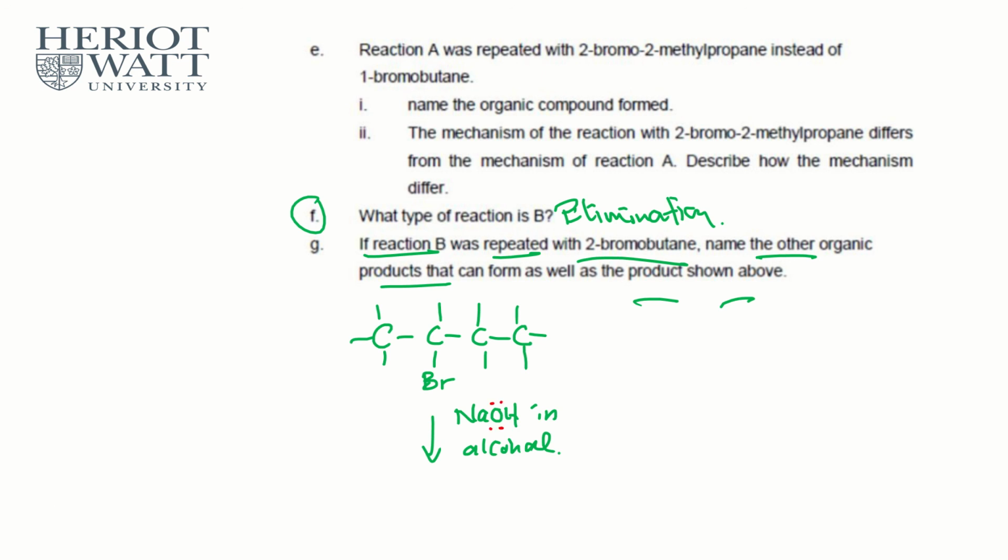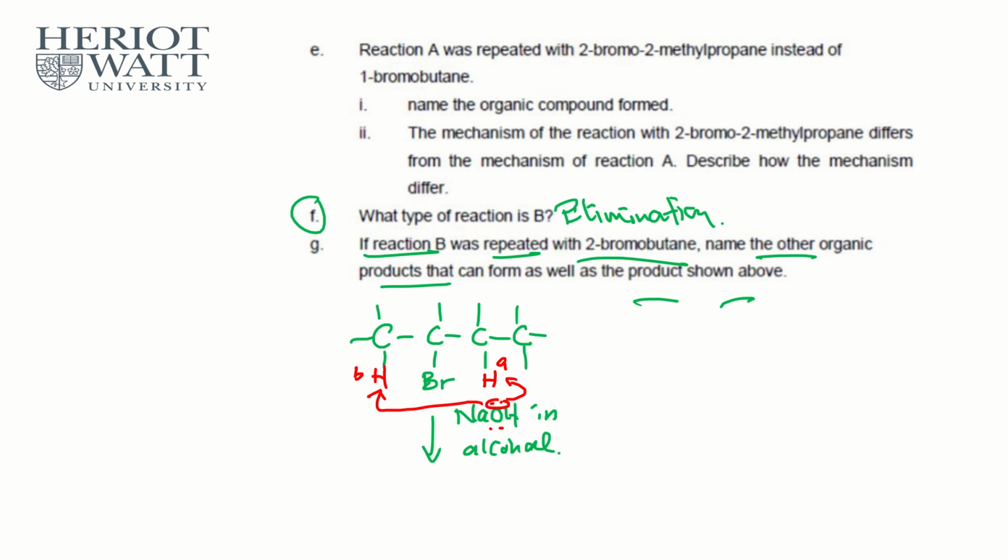Because now they are in alcohol, you know you are going to eliminate. This lone pair can attack the hydrogen here or here, the neighboring one next to the Br. So they can attack the hydrogen on this side, which is hydrogen A, let's say, or they can attack the hydrogen here, which is hydrogen B. You see that?